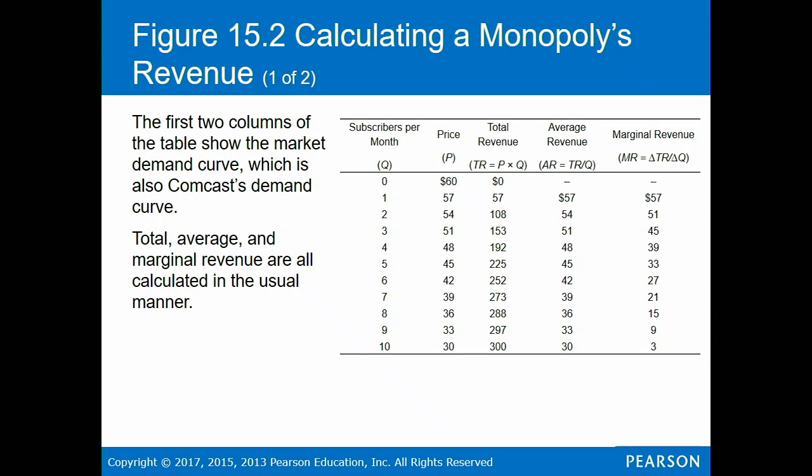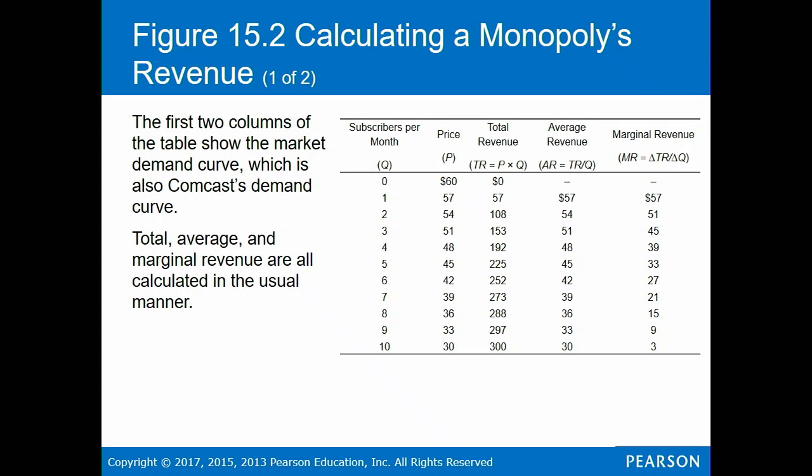So let's look at Comcast as a monopolist, what their revenue is. The first 2 columns, we have subscribers per month, so the quantity of cable subscriptions they're selling, and the price. Here we see the subscriptions going up. In order to go from 1 subscription to 2 to 3, and so on, you need to lower the price.